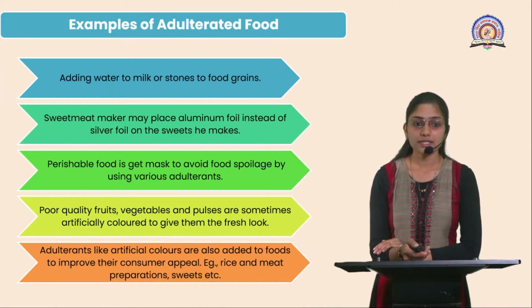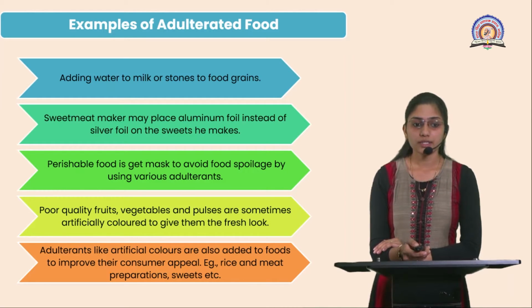To avoid this, some people coat that spoiling food with various adulterants. The next, there are some poor quality fruits, vegetables and pulses which are sometimes artificially colored to give them a fresh look. So there are artificially colored fruits and vegetables in the market.